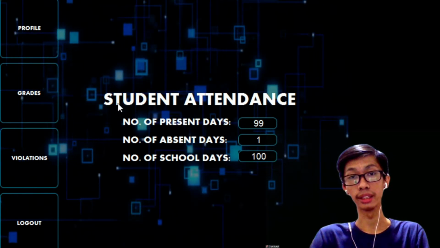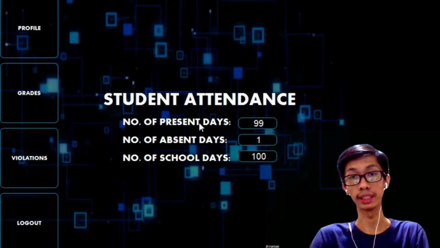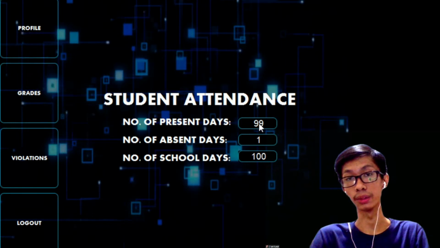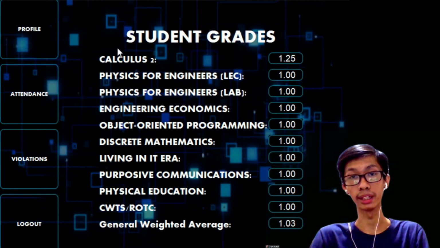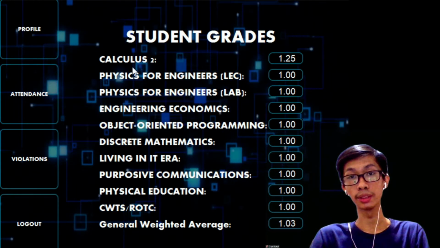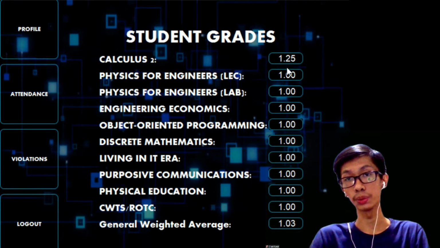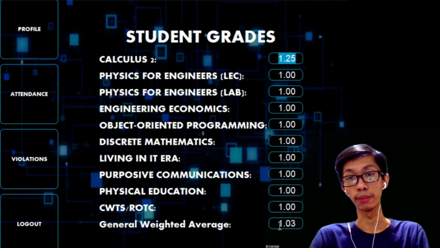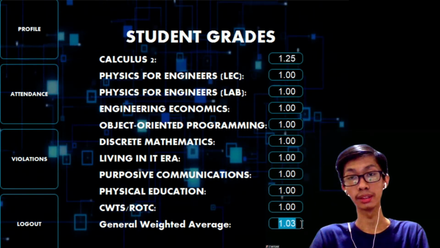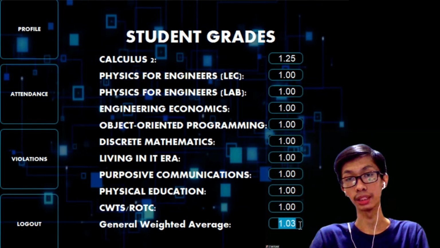Instead of 100, the number of present days in my record is 99. If we look at the grade, my grade in calculus 2 is 1.25 and my general weighted average was also changed.